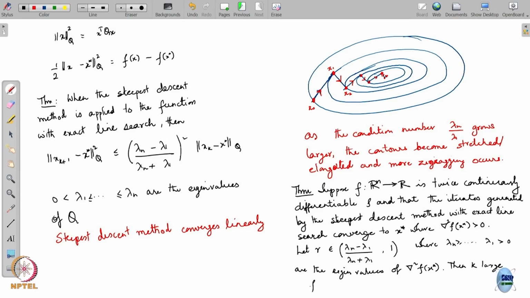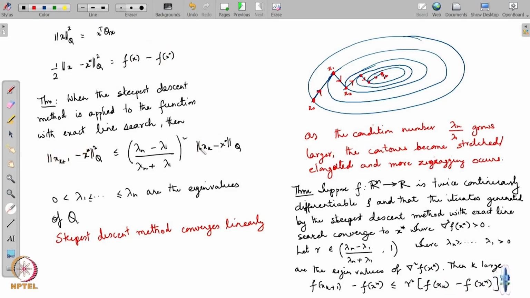we have f of x k plus 1 minus f of x star is less than or equal to r square times f of x k minus f of x star. Now, you can see why this is the case. The f of x k minus f of x star is essentially the same as this error term, and this is what appeared here.